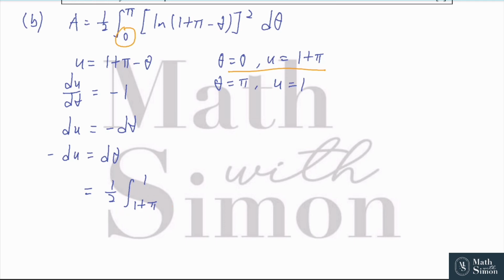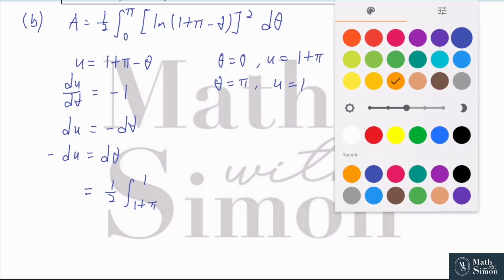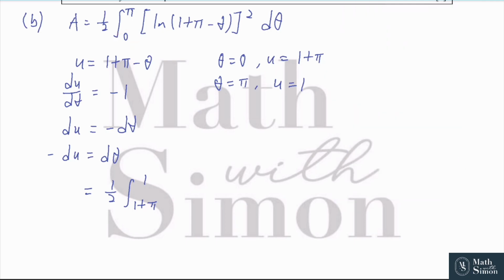Okay, so moving on from here, we're actually looking at ln u, the whole thing squared, d theta, and d theta we have as -1 du.